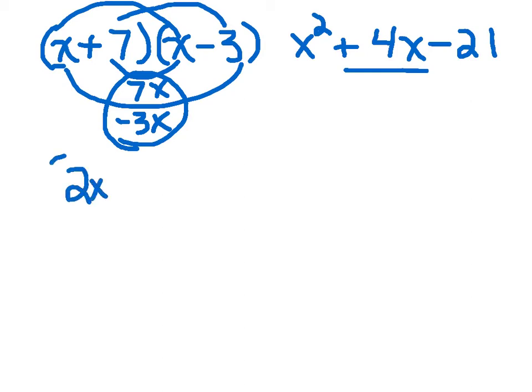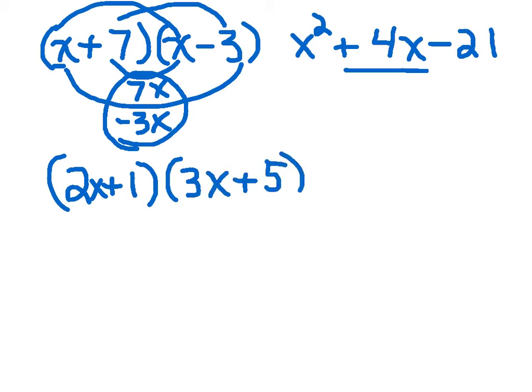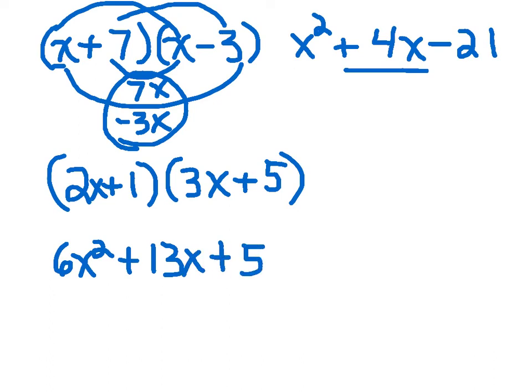If I say 2x plus 1 times 3x plus 5, first will give me 6x squared. Outer is 10x. Think that in your head, 10x. Inner is 3x. So you can either write down 10x and 3x, or you can just say in your head, I know that 10x plus 3x is 13x. And last gives me 5.